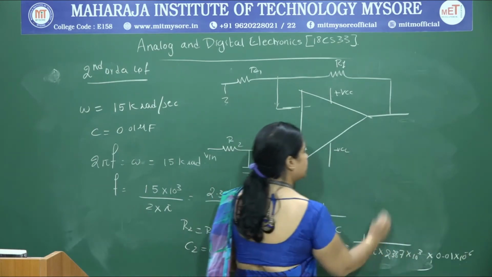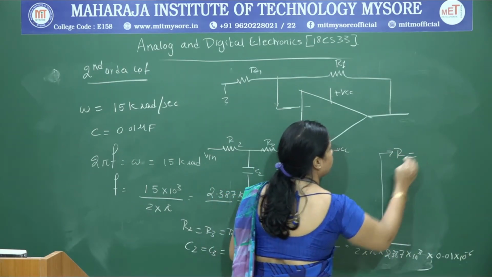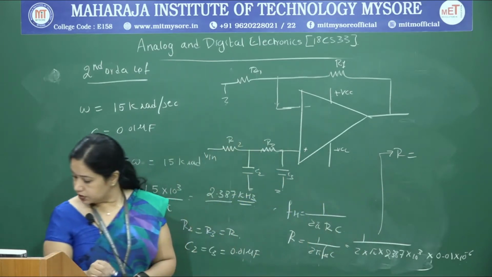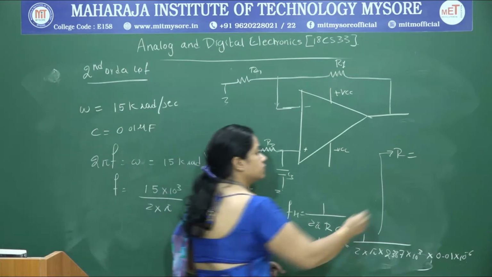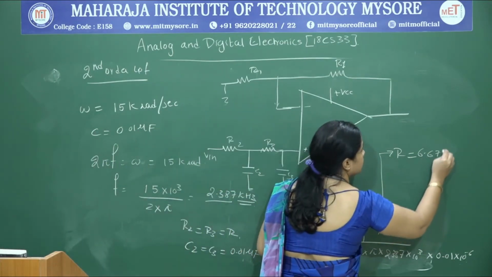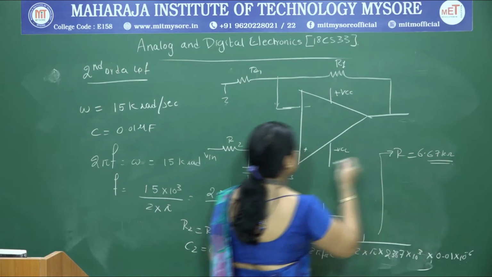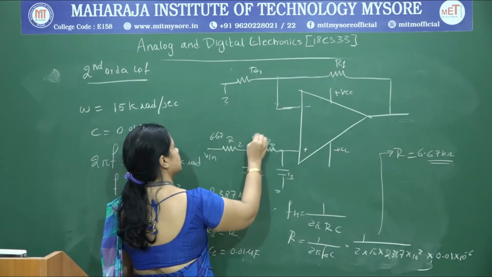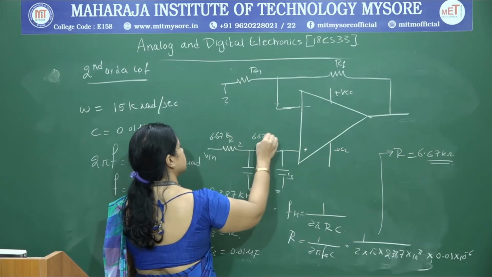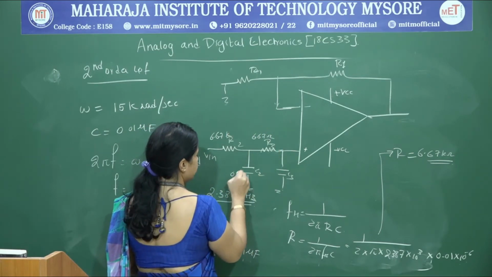If you substitute these values, we get a value of R equal to 6.67 kilo ohms. So here these are 6.67 kilo ohms.